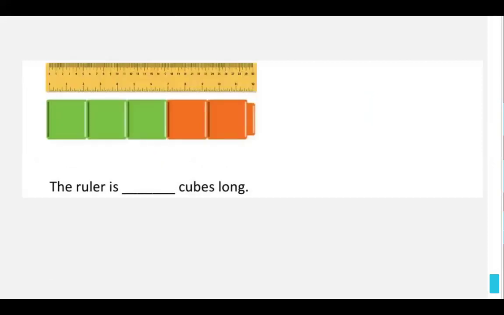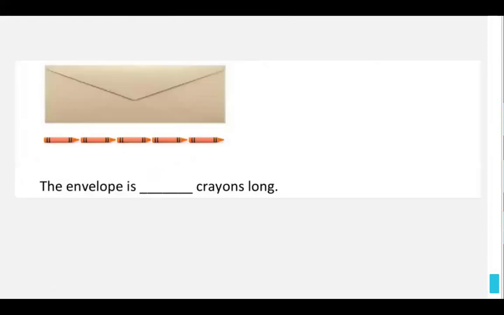Now, how about this ruler? So how long is the ruler using these cubes? Okay, so let's count. 1, 2, 3, 4, 5. So the ruler is 5 cubes long. Okay, how about this envelope? Using this picture, the envelope is blank crayons long.